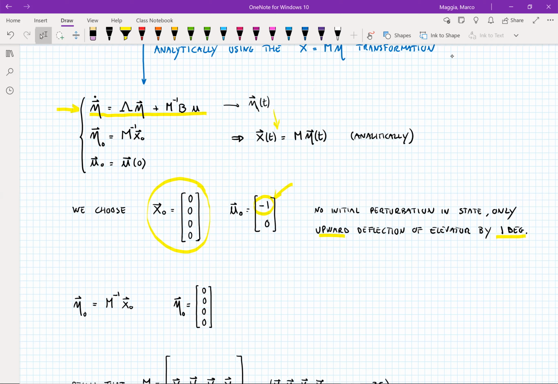And it's not a straightforward transformation in terms of multiplying each element of the matrix by 180 divided by pi. Usually if you want to go from radians to degrees, you multiply by 180 divided by pi, but you don't do this element-wise. So if you want to take a look, it's in the handouts. I don't really care for you to know it, so I'm not going to ask it in the exam.